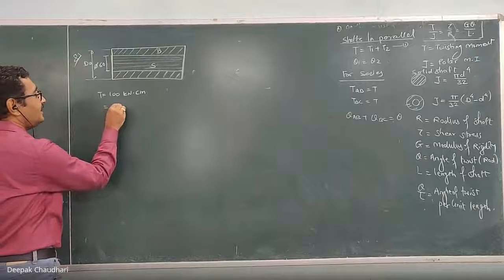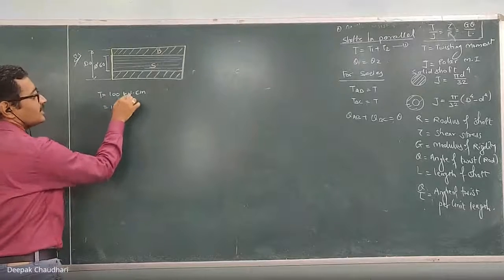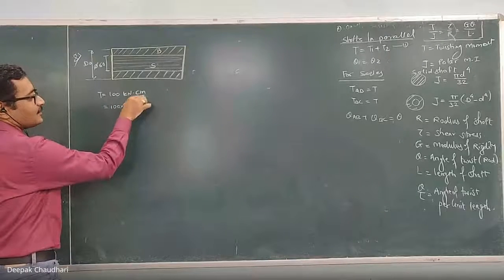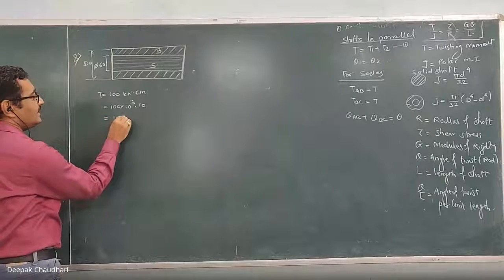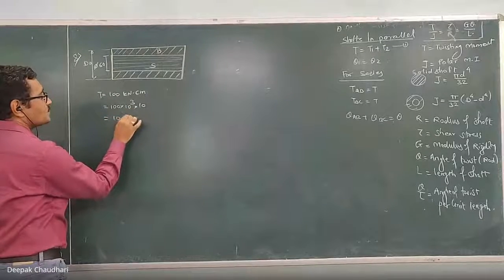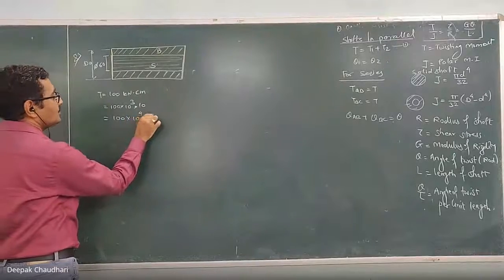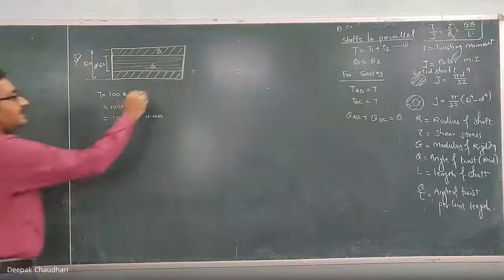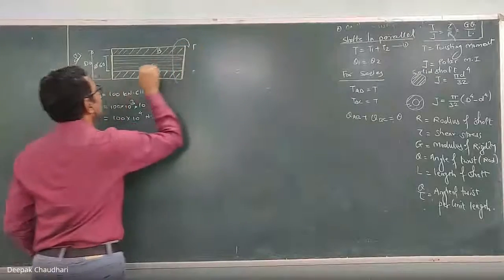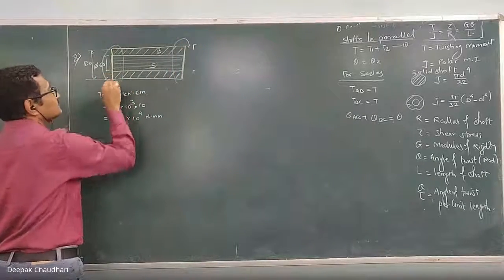It is 100 into 10 raised to 3 for kilonewton to Newton, and from centimeter to millimeter into 10, which is equal to 100 into 10 raised to 4 Newton millimeter. This much torque is applied to this shaft.